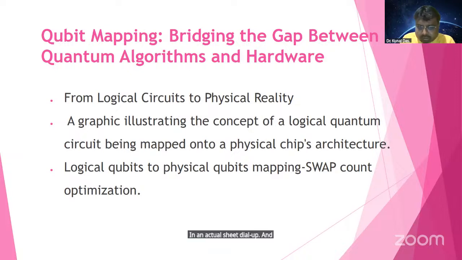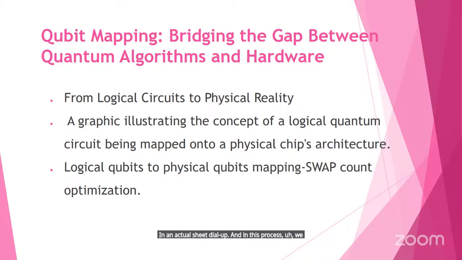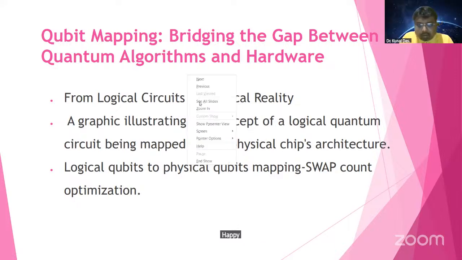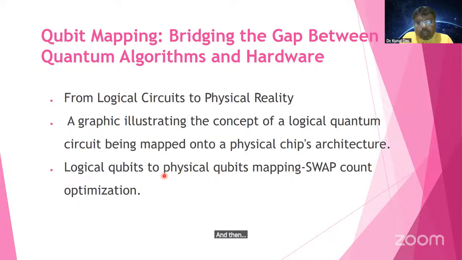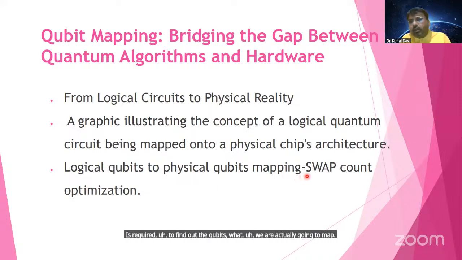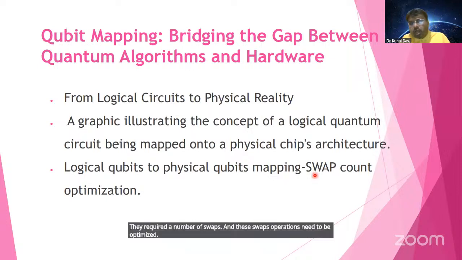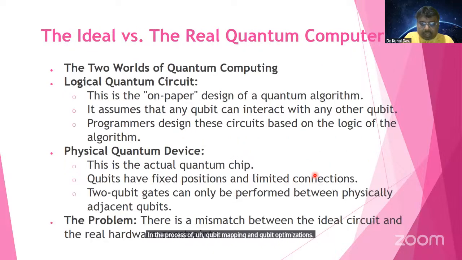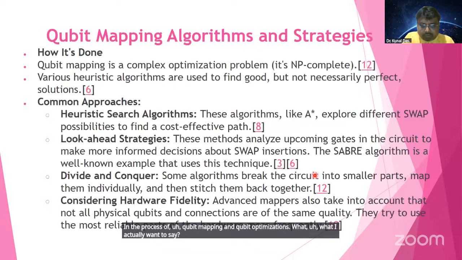In this process, we need to find the qubits we are going to map. They require a number of swaps, and these swap operations need to be optimized in the process of qubit mapping and qubit optimization. Let us see one figure.